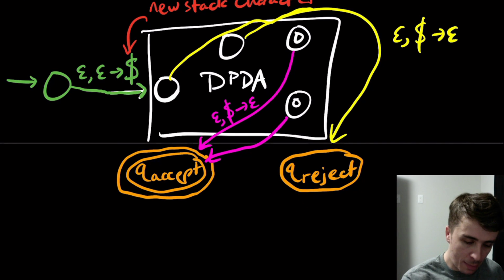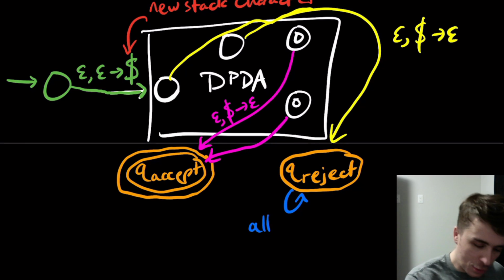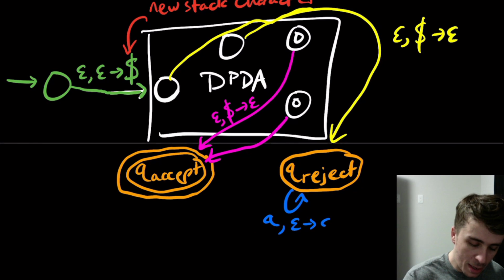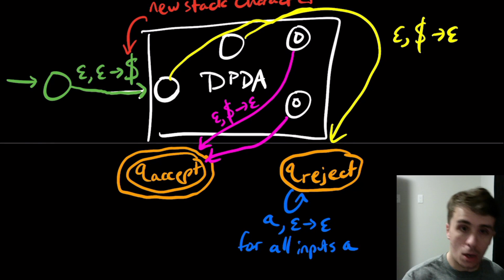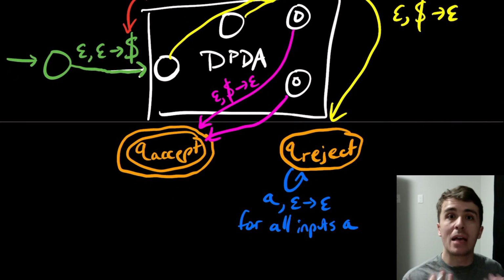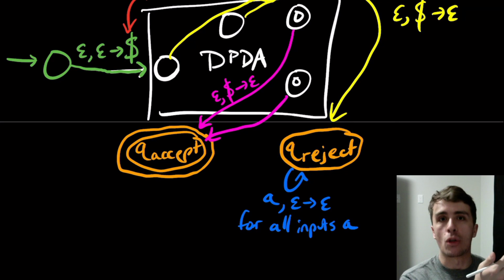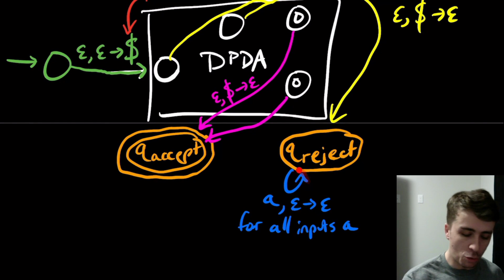Here I'm going to have a self loop: A, epsilon, epsilon, for all inputs A.